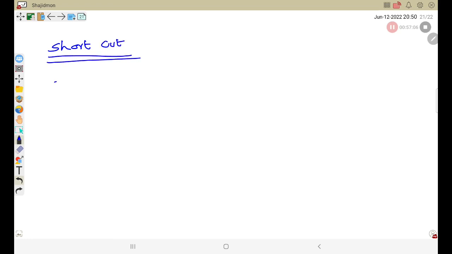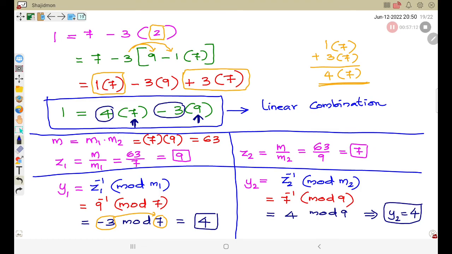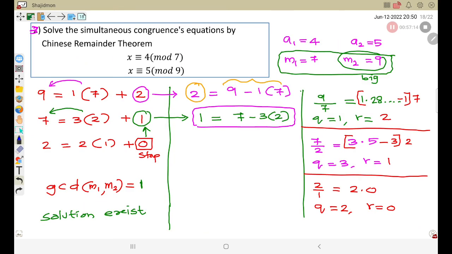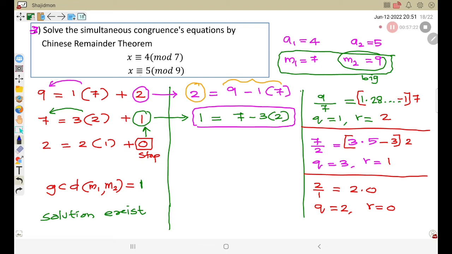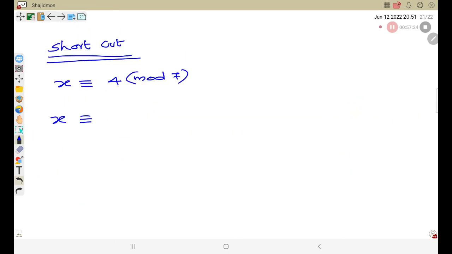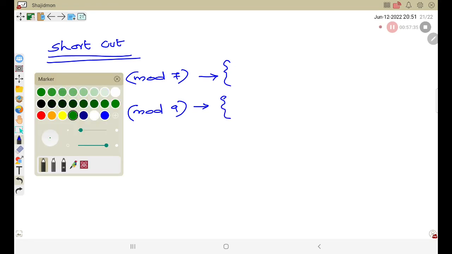Using the shortcut method, first we write the congruence equations. First one, x congruent to 4 mod 7. Second one, x congruent to 5 mod 9. Here we write the numbers and check.